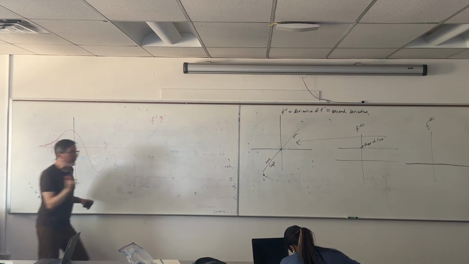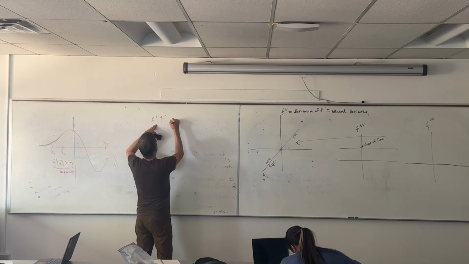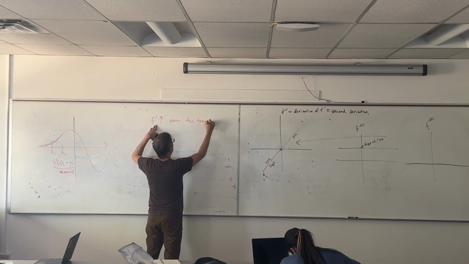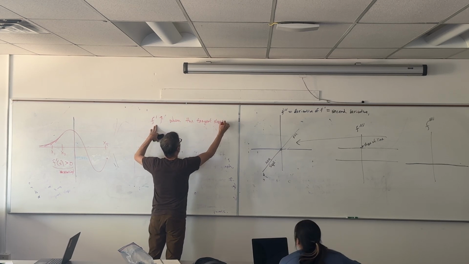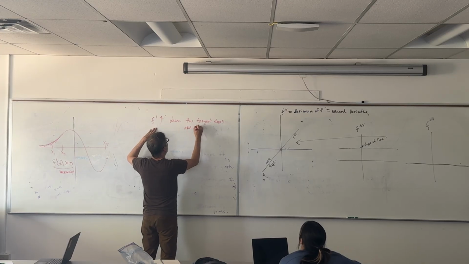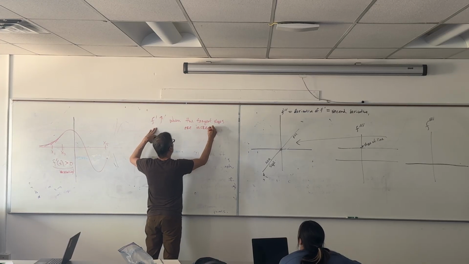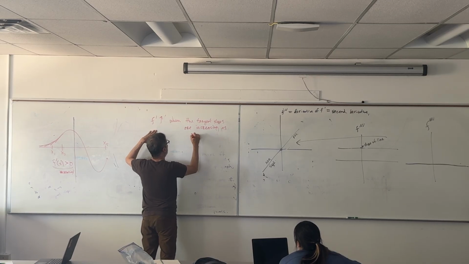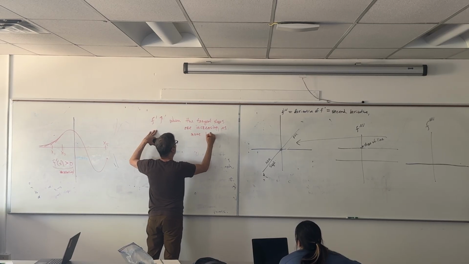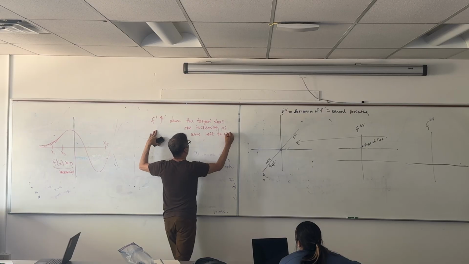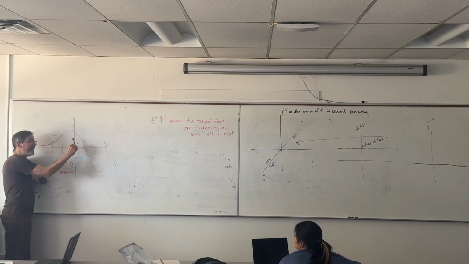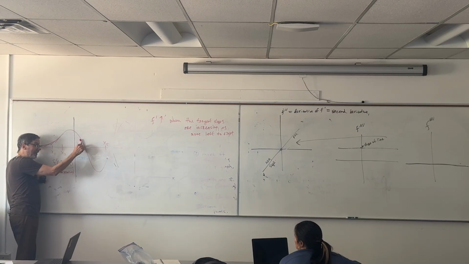So this is increasing when the tangent slopes themselves are increasing as we move left to right. So you can have the graph actually be decreasing, but still have the tangent line slopes increasing.